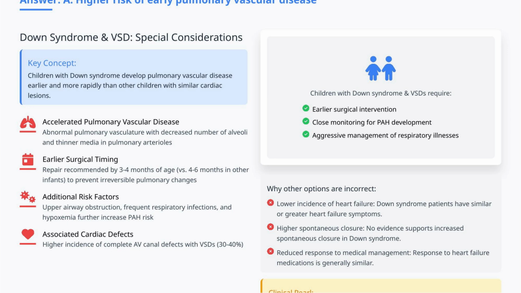These anatomic differences, combined with other factors like increased risk of upper airway obstruction and frequent respiratory infections, accelerate the development of pulmonary vascular disease. Because of this increased risk, surgical repair of VSDs in children with Down syndrome is typically recommended earlier, by 3 to 4 months of age, compared to 4 to 6 months in other infants. The other options are incorrect.